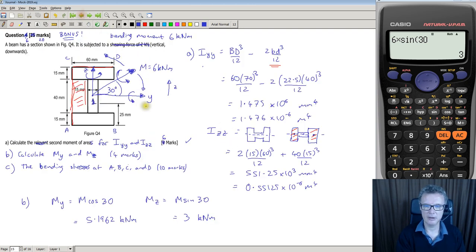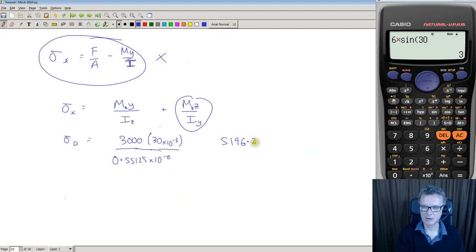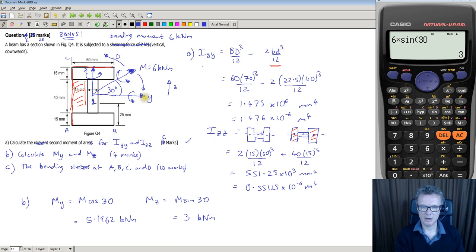And then the distance from this axis up to here is 70 divided by 2, 35. And the IYY is this number here, 1.476.